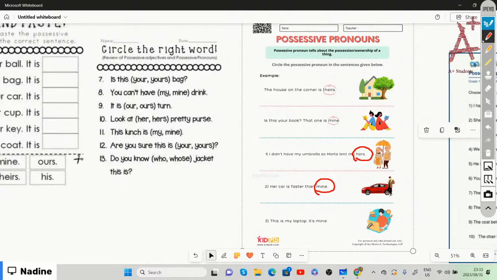So if this is my laptop, then we can say it's mine. Once again, those are a few examples of possessive pronouns within sentences, and we basically identified all of the possessive pronouns within those sentences.